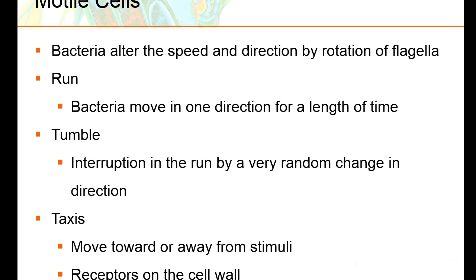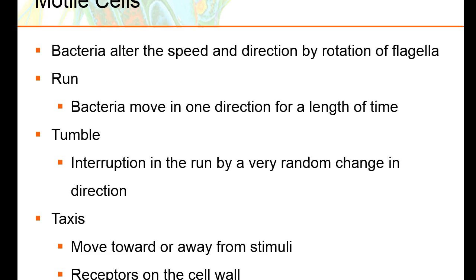We can manipulate microbes to move in a process called taxis. Let's say, for example, that over here we have something that would be of benefit to the microbe. Microbes love iron. They scavenge iron.